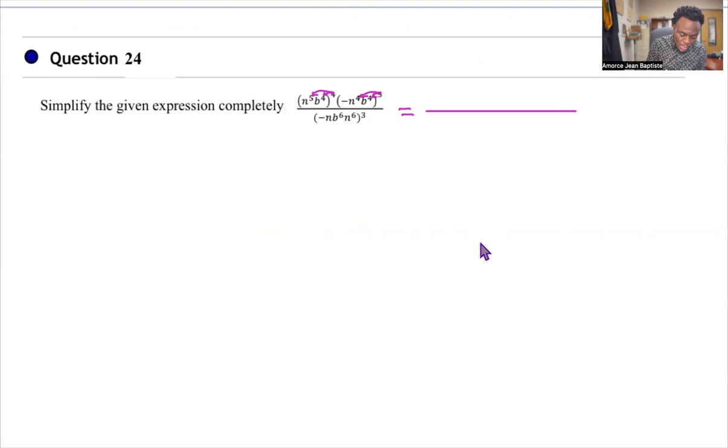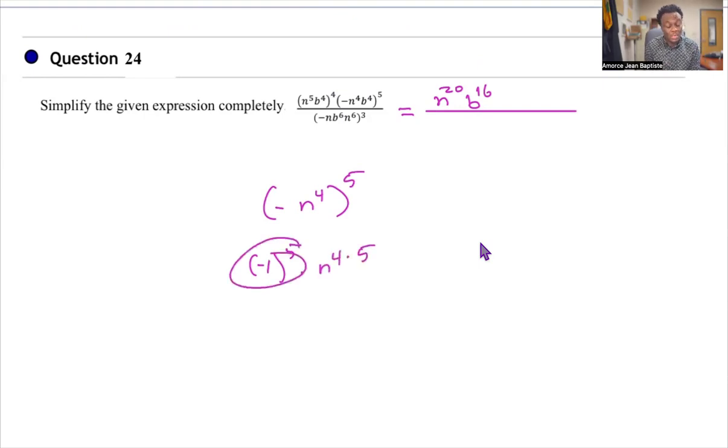That means here we have n exponent 20, b exponent 16. So negative n to the 4th, exponent 5, would mean (-1) exponent 5 times n to the 4 times 5. So -1 exponent an odd number would still be -1.